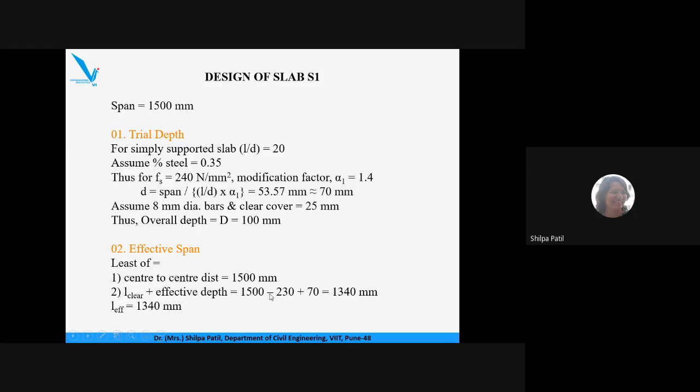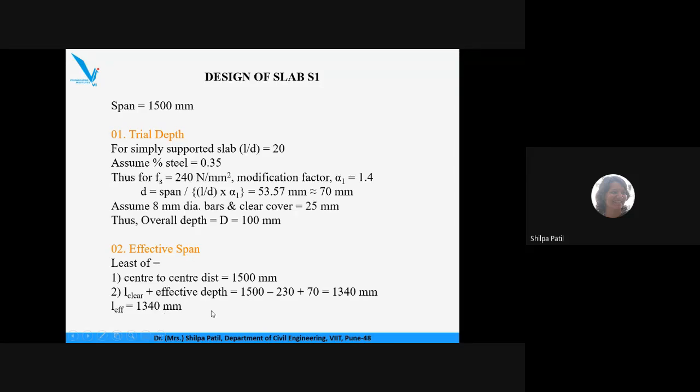Why 230? Because the width of the support is 230, so half from one side and half from the other side combined becomes 230. So minus 230 plus effective depth, which we have adopted as 70 mm, it is coming as 1340. Out of the two values, 1500 and 1340 mm, we have to adopt the least. So the effective span for all further calculation will be taken as 1340 mm.